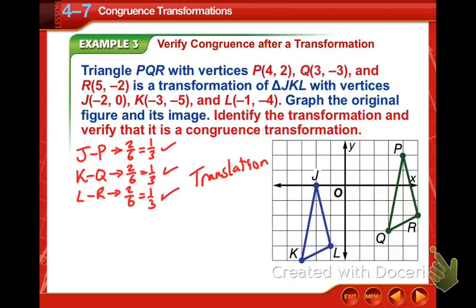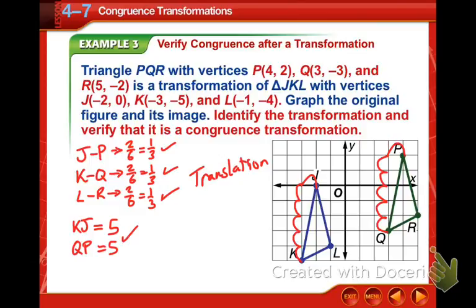So, first off, slope for KJ. Slope for KJ is up 1, 2, 3, 4, 5 over 1, so it's just a slope of 5. And that means that QP needs to be the same thing. So we go up 1, 2, 3, 4, 5 over 1. 5 over 1 is 5. So we're good there.